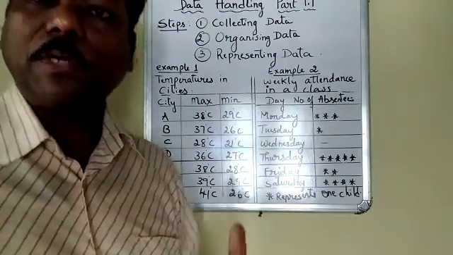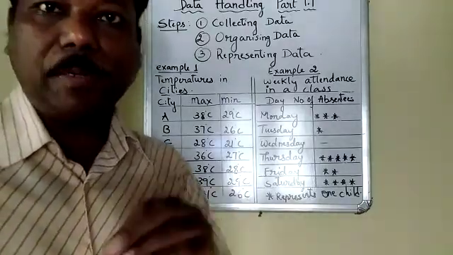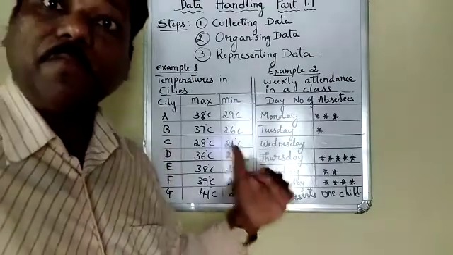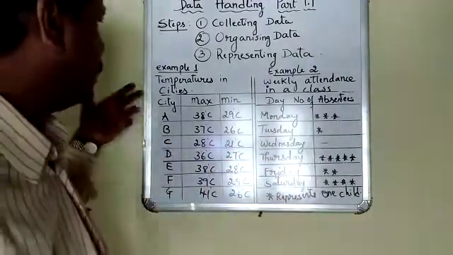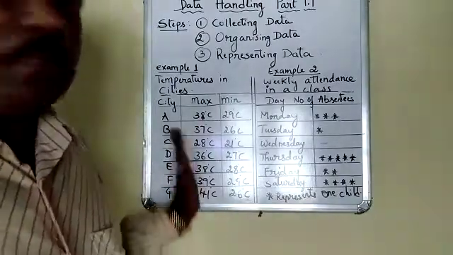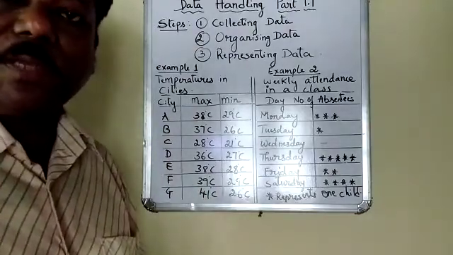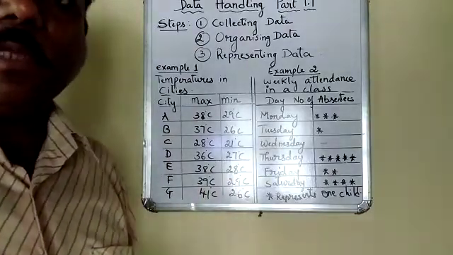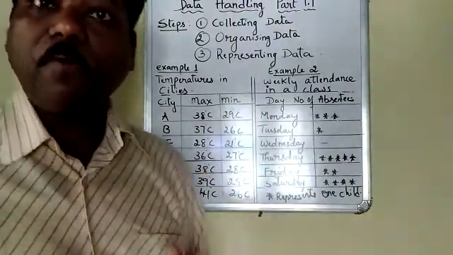I will collect the maximum temperature and the minimum temperature on a particular date from different cities. Let us consider cities A, B, C, D, E, F and G. If I write it down in a line, it will be difficult for me to understand.